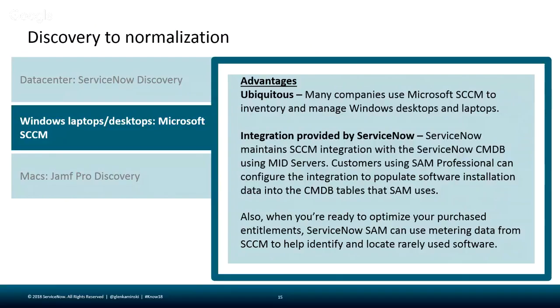You can then set thresholds within Software Asset Management to say, identify reclamation candidates that have not been used more often or have been used less often than, say, 10, 20, 30 hours or whatever threshold you decide to set for that software. So Software Asset Management leverages that metering data.